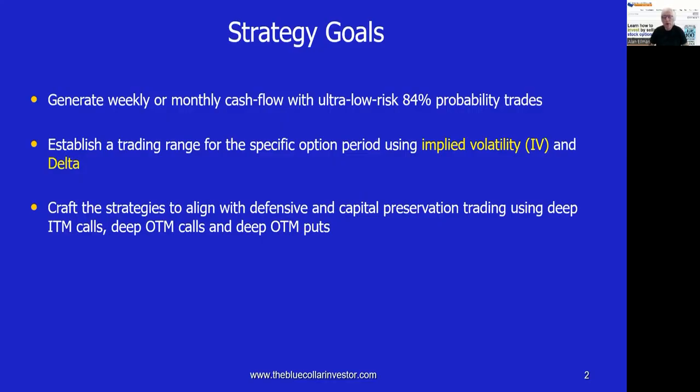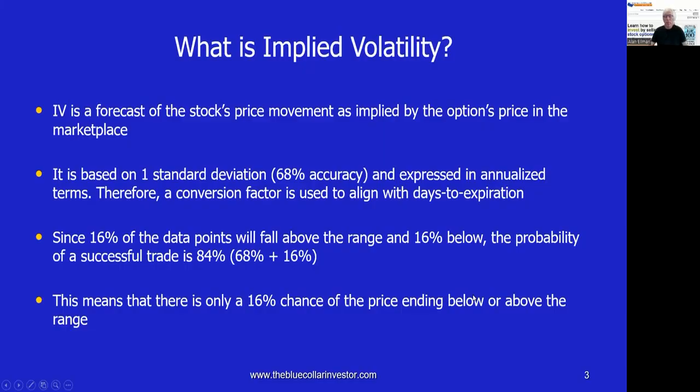And we want to craft our strategies to align with ultra defensive and capital preservation trading using deep in the money calls, deep out of the money calls, and deep out of the money puts, depending on what our strategy goals are. So with that said, let's get started by defining the term implied volatility, and then we'll define the term delta.